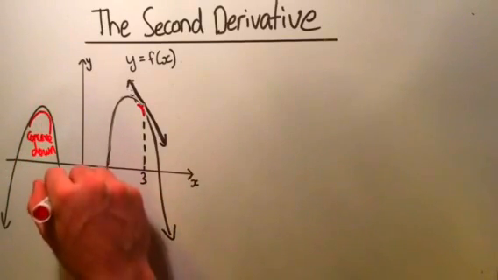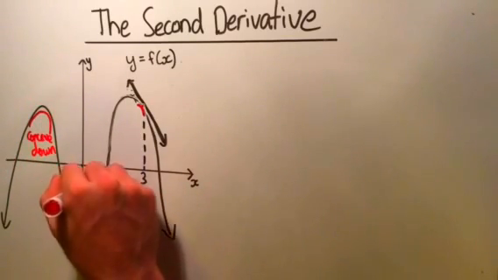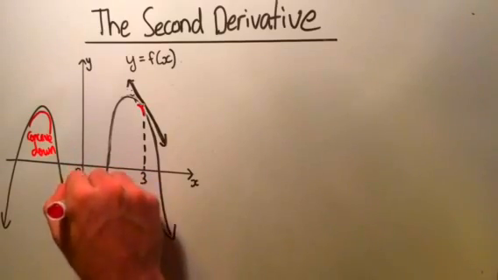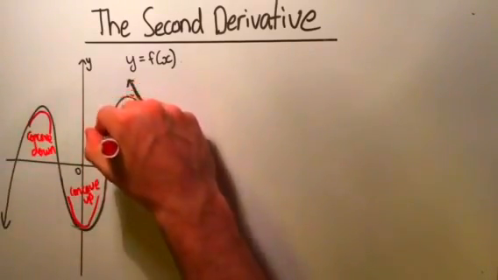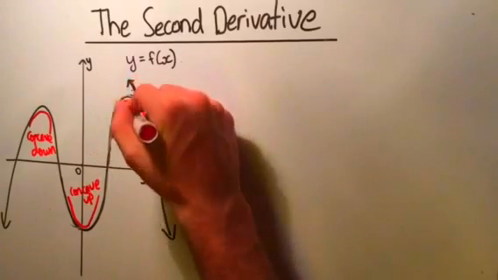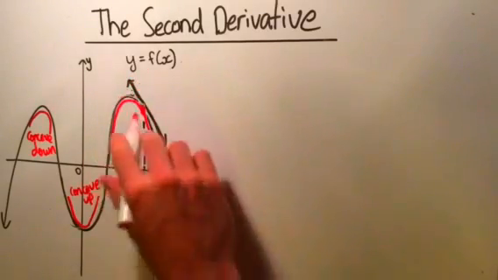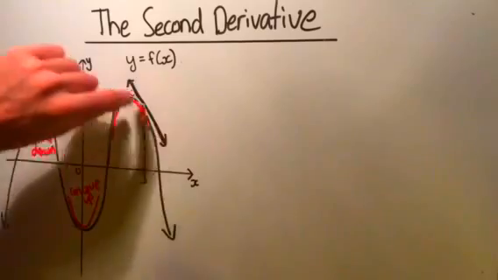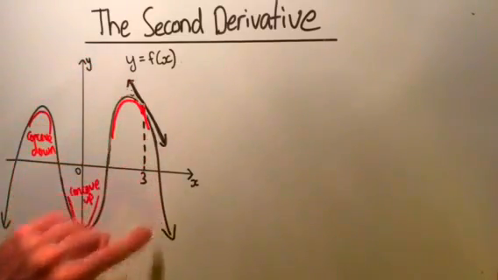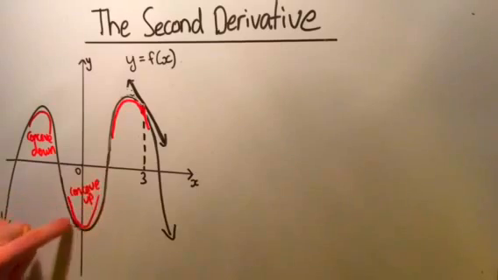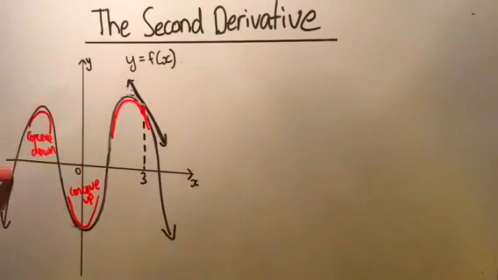It's concave up. The curve is pointing up. And back over here, it is concave down. We were particularly looking at that point. So this part of the curve is concave down, and it will be all the way down here. This part of the curve is concave up, and this part of the curve is concave down.